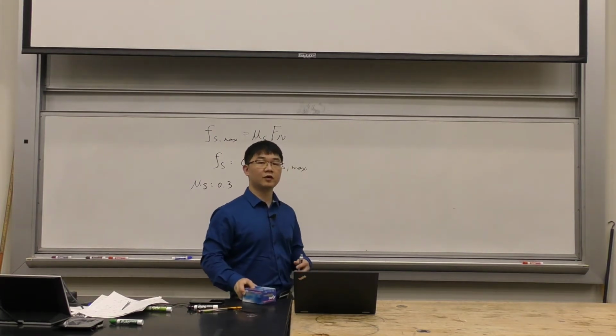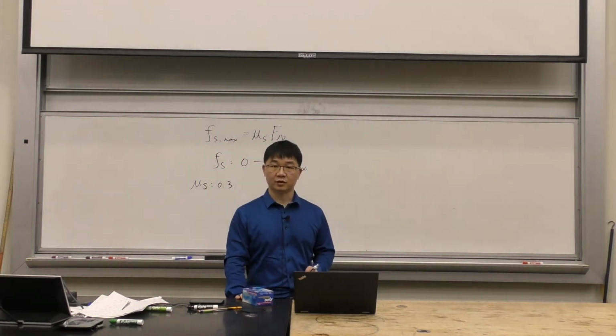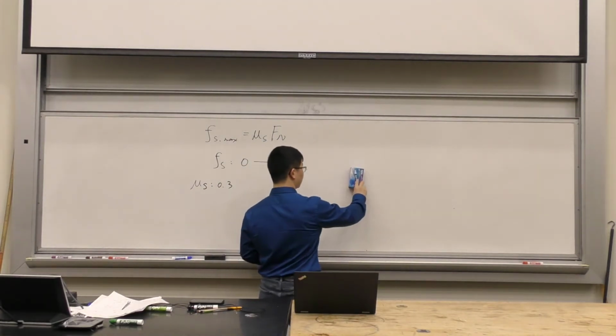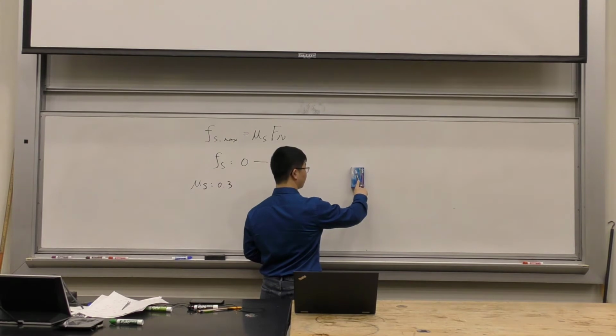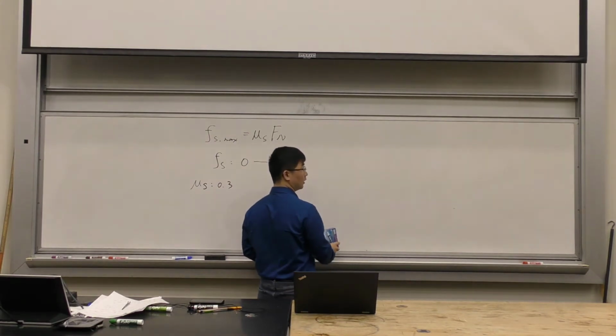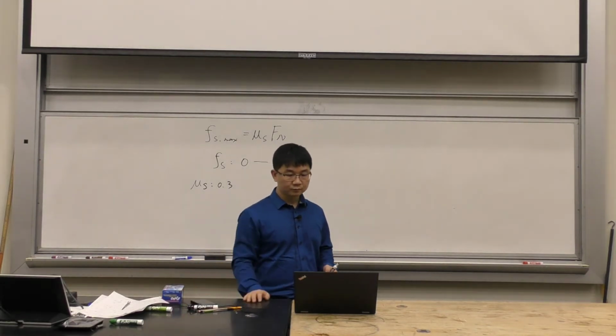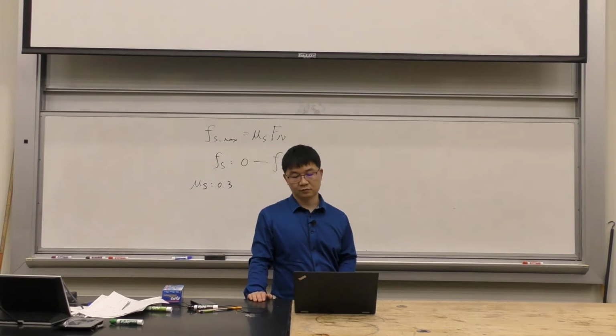That's how you find the maximum value. So what is the minimum value? Again, I'm pushing this against the wall, but if I apply a very small force, you see, it's going to slide down. So there is a range. That's how I figured it out conceptually.